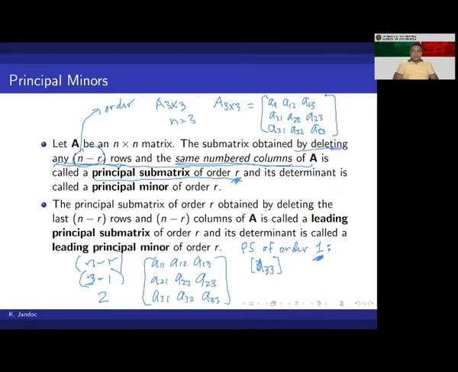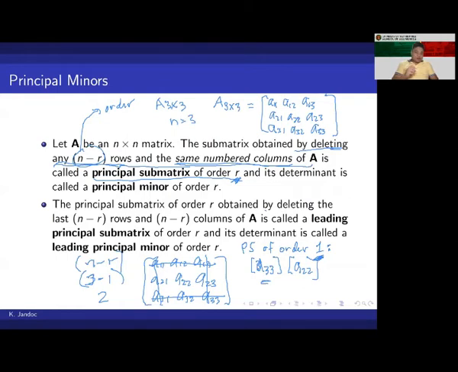So in the first case, when we got A33, we deleted the first row and the second row and the first column and the second column. Now, let us delete the first row and the third row, and the same numbered column, so first column and third column. And so another principal submatrix of order 1 is A22.